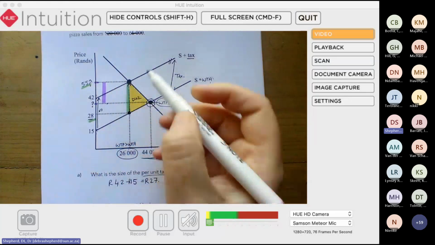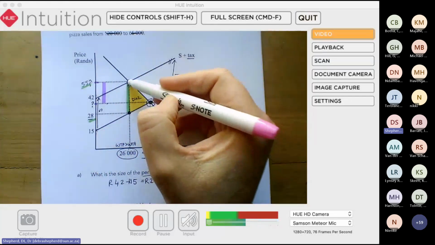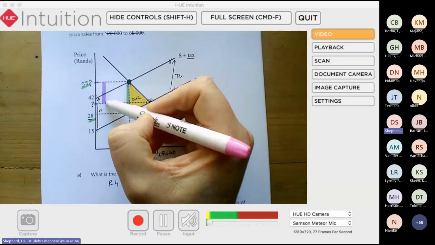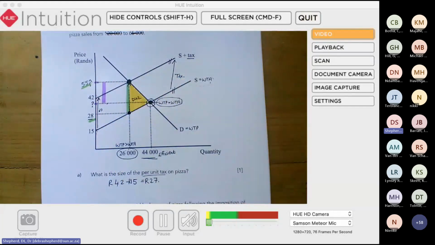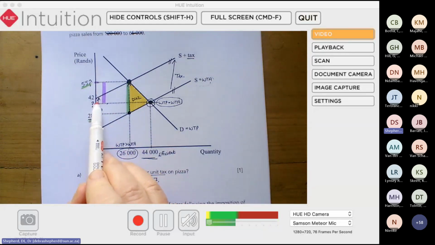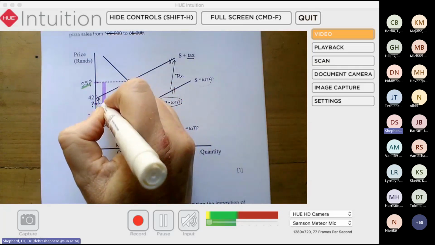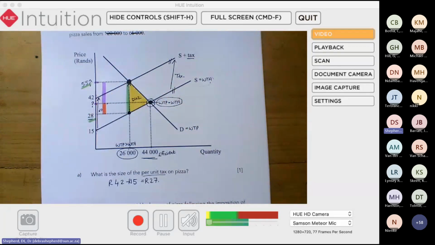In other words, of this full tax amount per unit, the buyer is having to pay this portion of the per unit. The seller, on the other hand, used to receive this price, but now they only receive 28. And so this vertical distance here is the burden of the per unit tax on the seller.